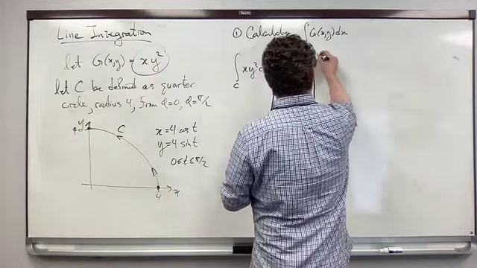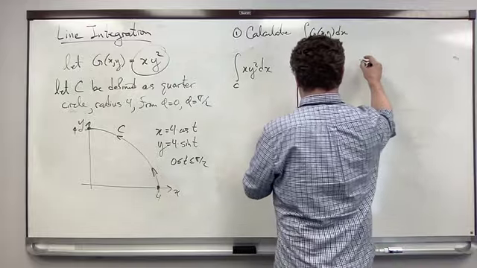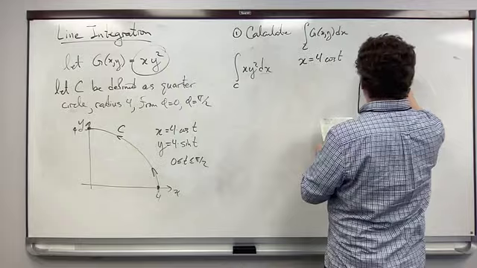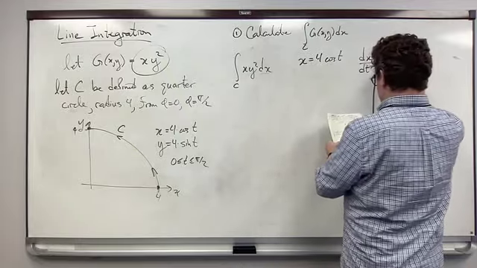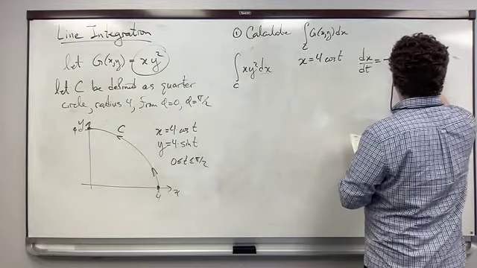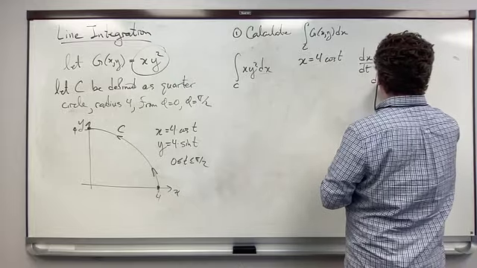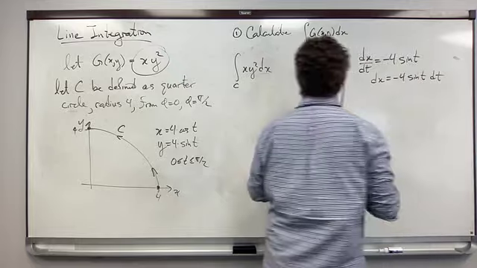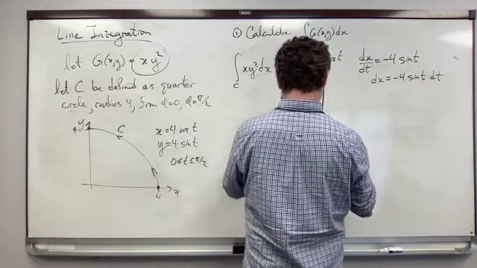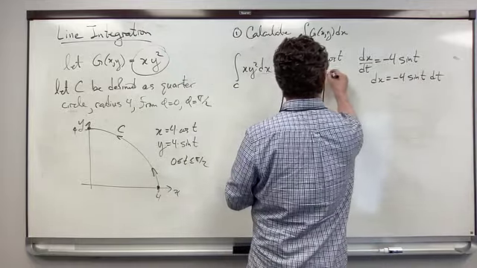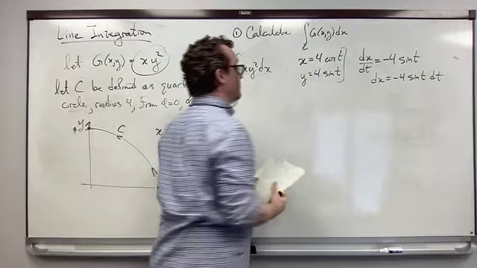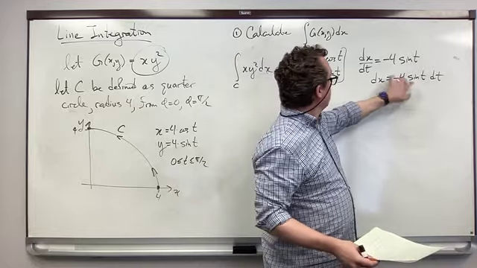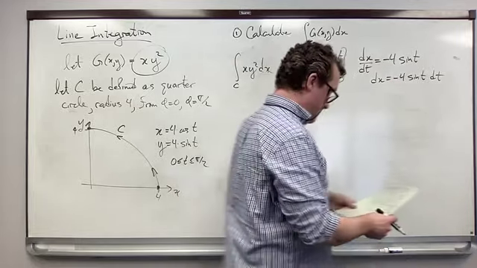So x equals 4 cos t. That means that we're going to need dx. So dx by dt will be minus 4 sine t. So dx equals minus 4 sine t dt. Okay, and we have y equals 4 sine t. So those were given. And remember we said we replace dx with the derivative of x with respect to t times dt.